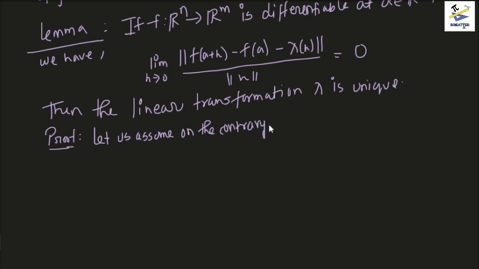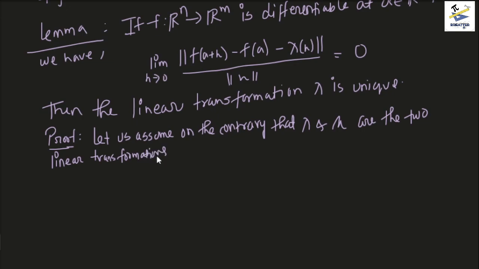Let us assume on the contrary that lambda and mu are two linear transformations that satisfy the limiting condition, and their domain and range would be R to the power n to R to the power m as well.